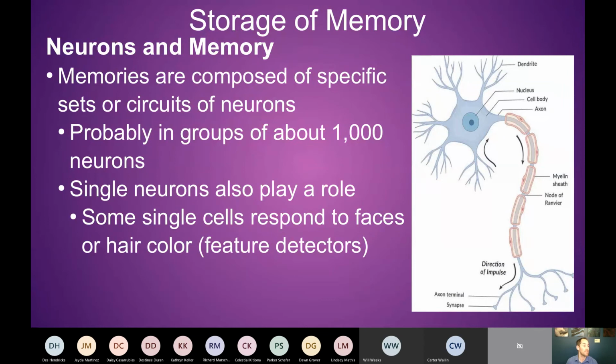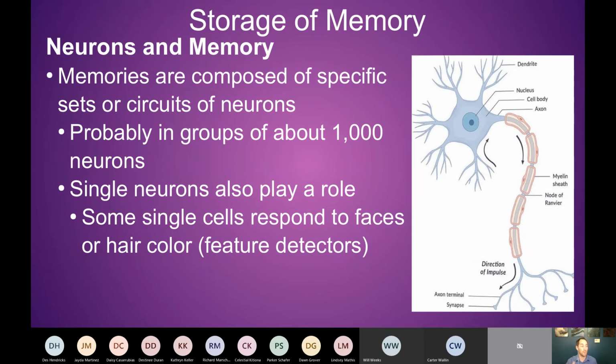So single neurons can play a role. When we talked about sensation and perception, we talked about neurons that respond to shapes or colors or motion. Some of those feature detectors might respond to faces specifically.